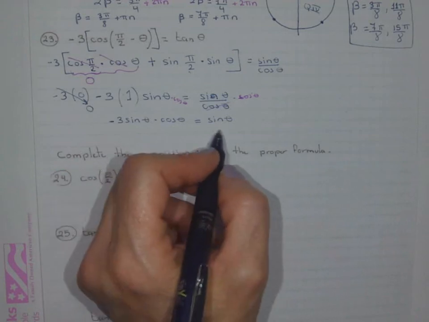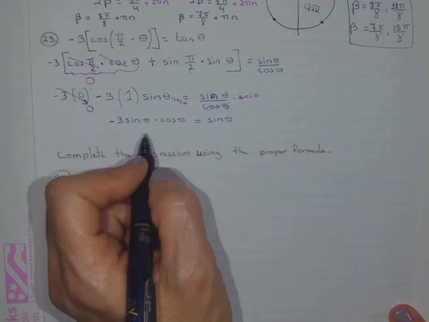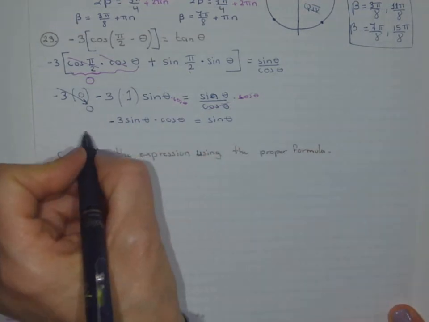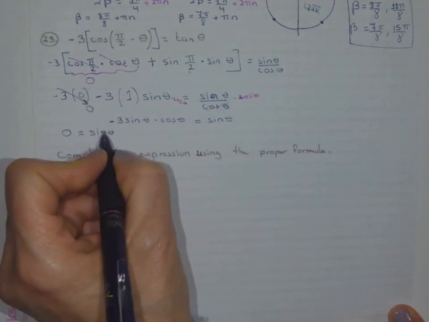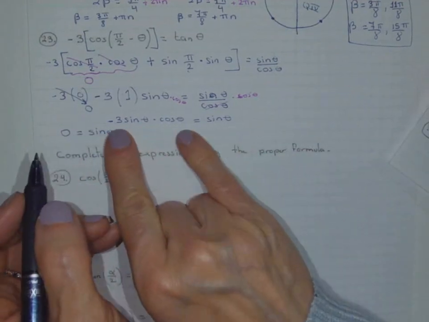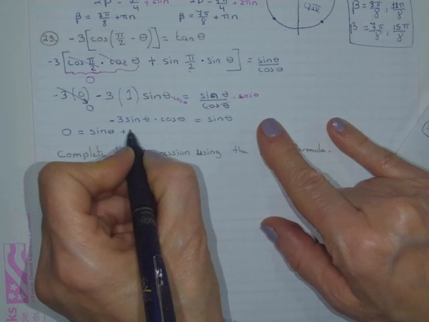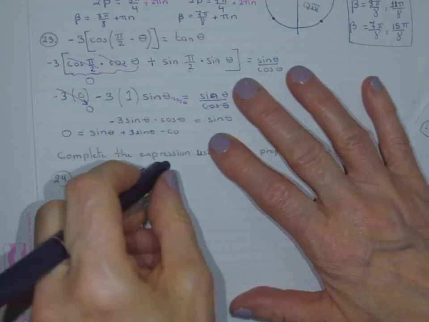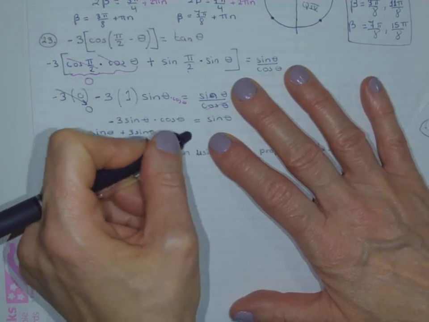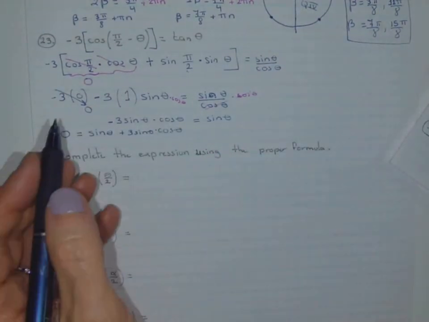Okay, at this point, I want that set equal to 0, so how about I add that to the other side? So I'm going to get 0 equals, so I had my sine, that sine, and then when I take this and add it to both sides, it will become a plus 3 sine theta times cosine theta, okay?